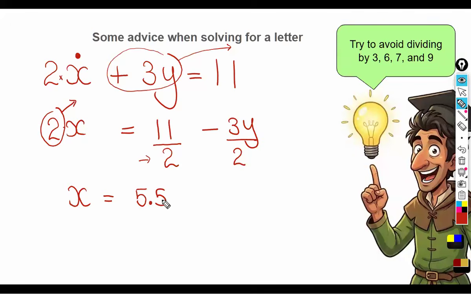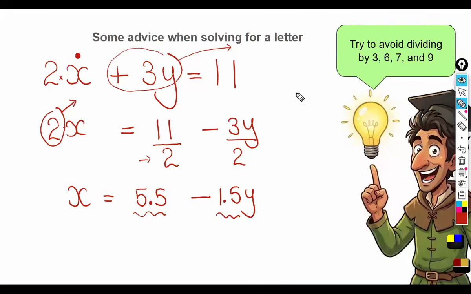You get 5.5. That's a nice decimal. And when you take 3 and divide it by 2, you get a nice decimal, 1.5. Now, in maths, these are easy numbers to deal with. In maths, whenever you're given choices, you want to make choices that make the maths easier.